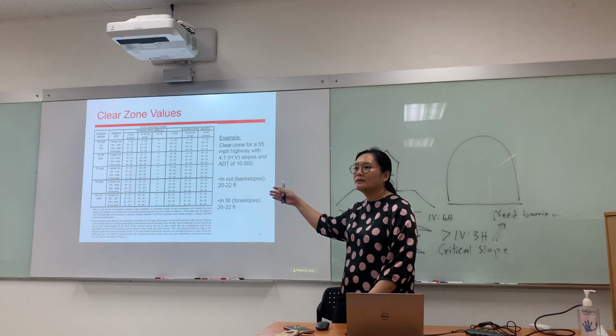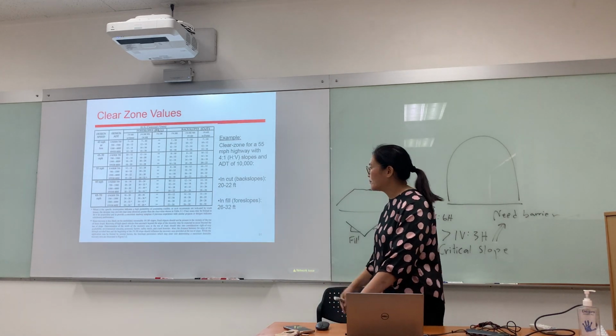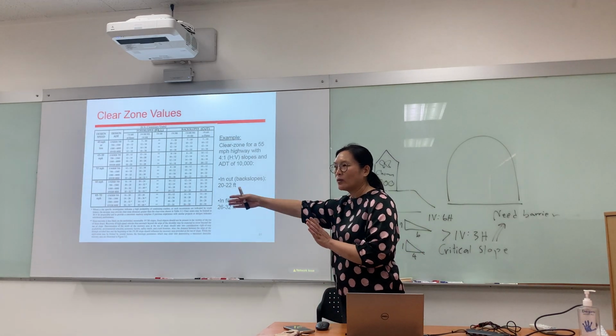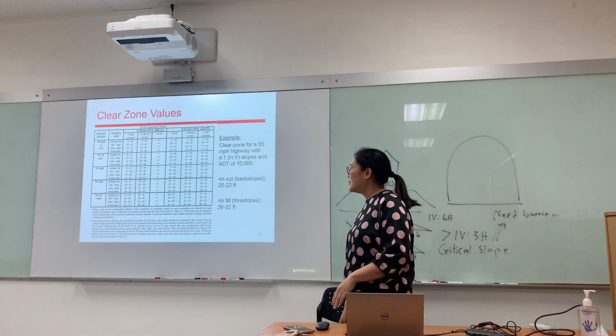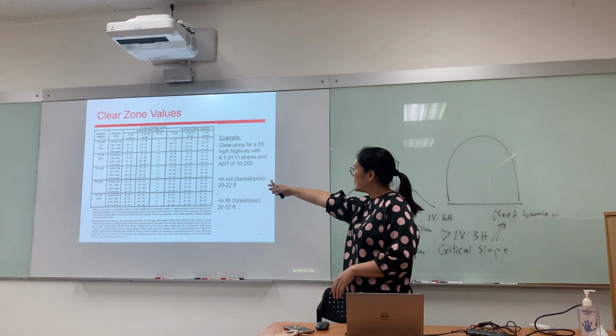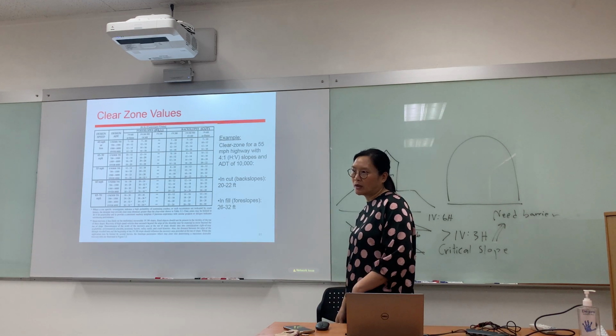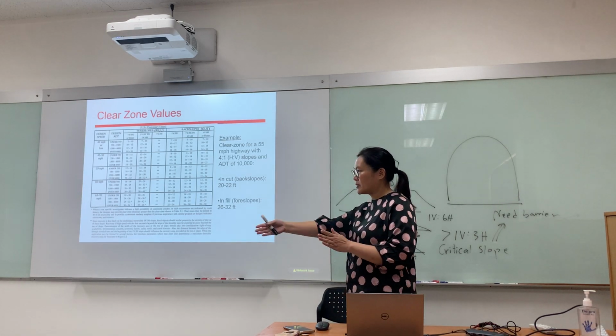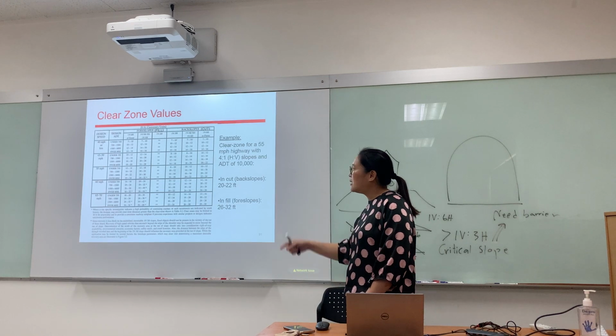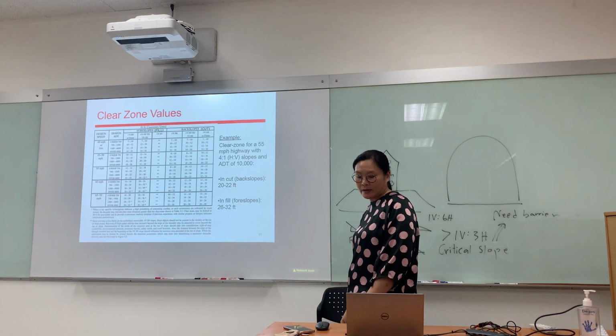But this is the American standard, so it's going to be very wide. If we apply this table in our country, sometimes it may be impossible because the area is so wide. But anyway, it's going to be safe.